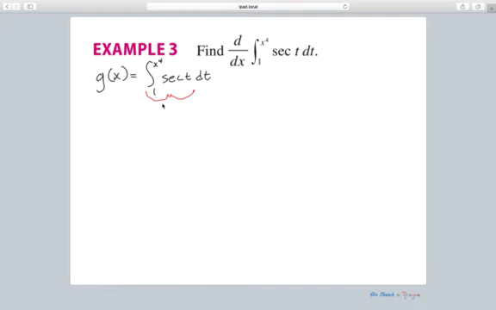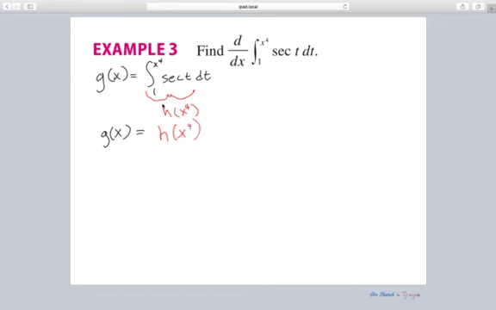So let's give it a generic name instead. So let's call it h, right? Well, h is, in this case, we're not just plugging in x, we're plugging in x to the 4th. So really what we have is that g of x equals h of x to the 4th, because that's our input.